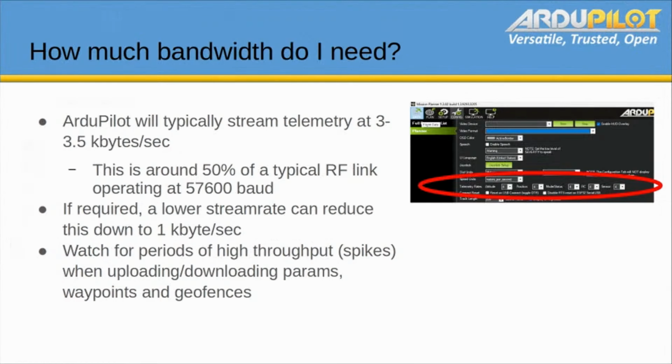Downloading the entire parameter set from the vehicle is going to be quite a number of kilobytes over a very short period of time. So you do need to ensure that your data link can handle those occasional spikes in your data rate to make sure that you don't accidentally flood your radio links.